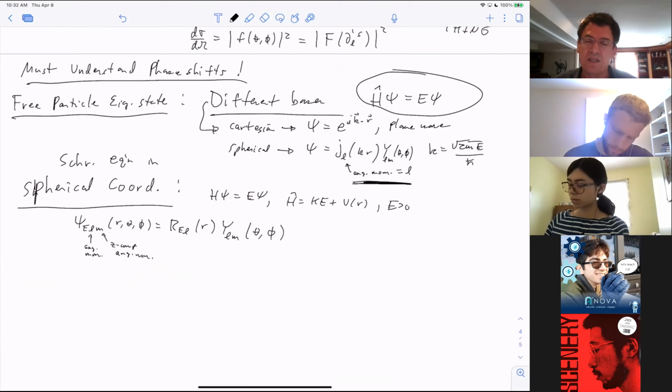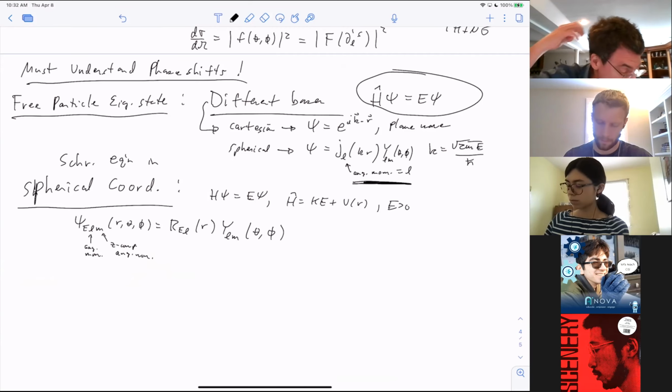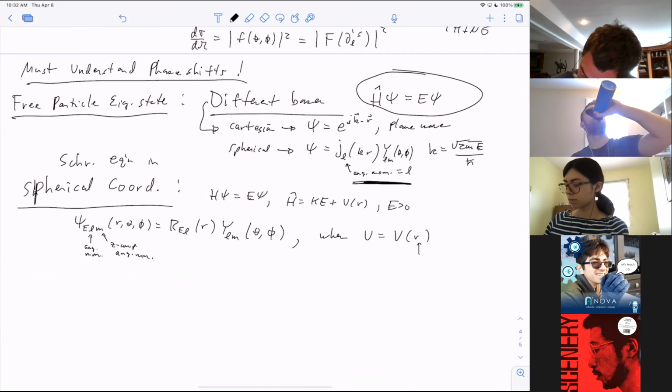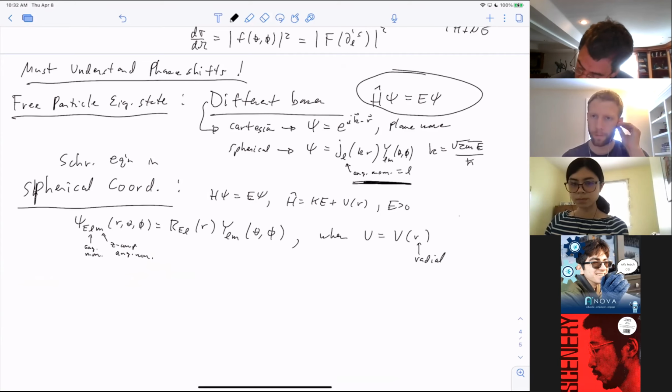That is the generic solution when you have a potential that depends only on the radial coordinate, so it's a spherically symmetric potential.